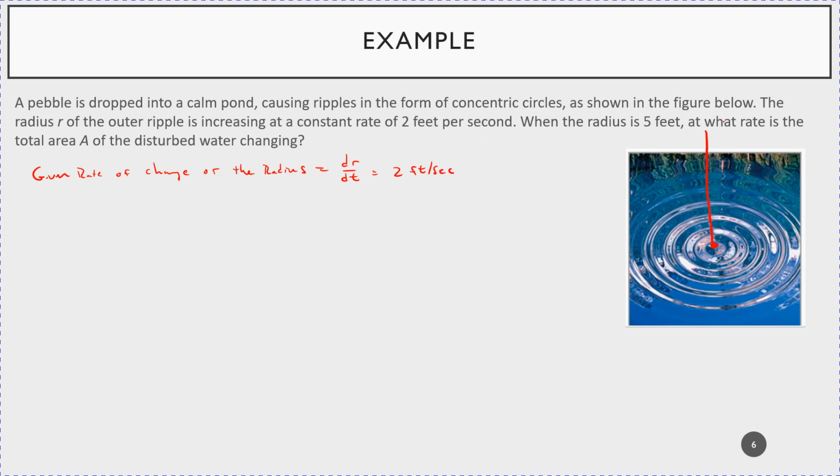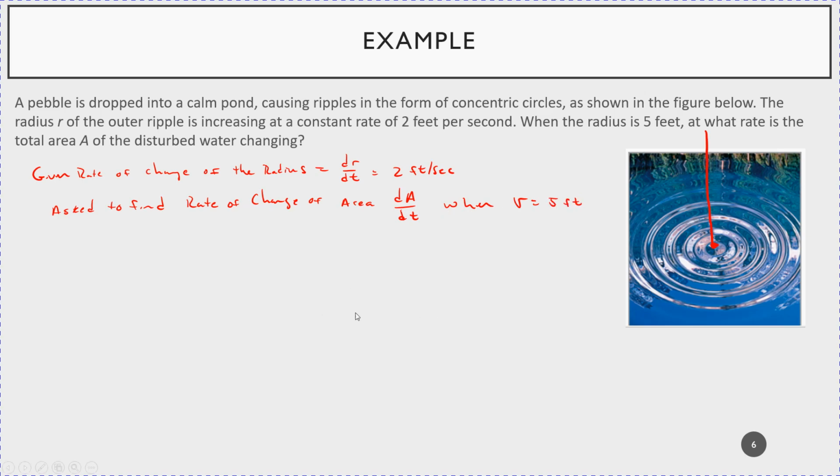Then you're asked to find the rate of change of the area, which is dA/dt, when the radius is 5 feet.